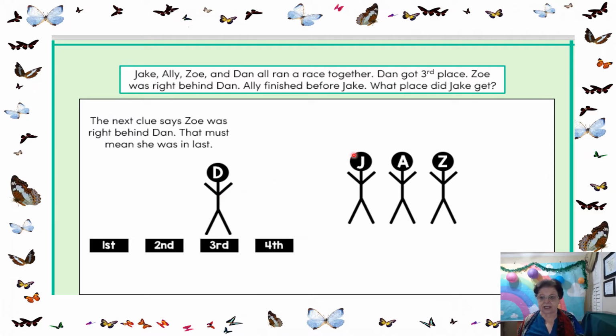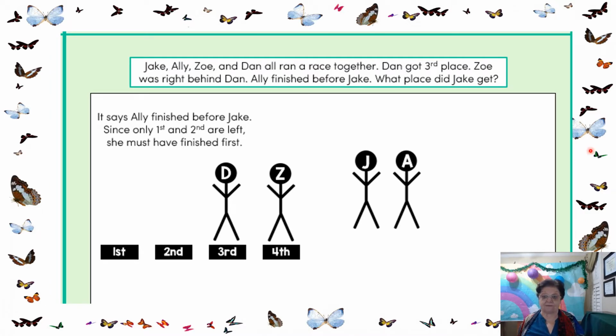So let's look at the next clue. Zoe was right behind Dan. So if Zoe was right behind Dan, what place did she get? Yes, she got fourth place. Okay, so far we got third and fourth place. Allie finished before Jake. Now there's only two places left. So Allie and Jake are left.